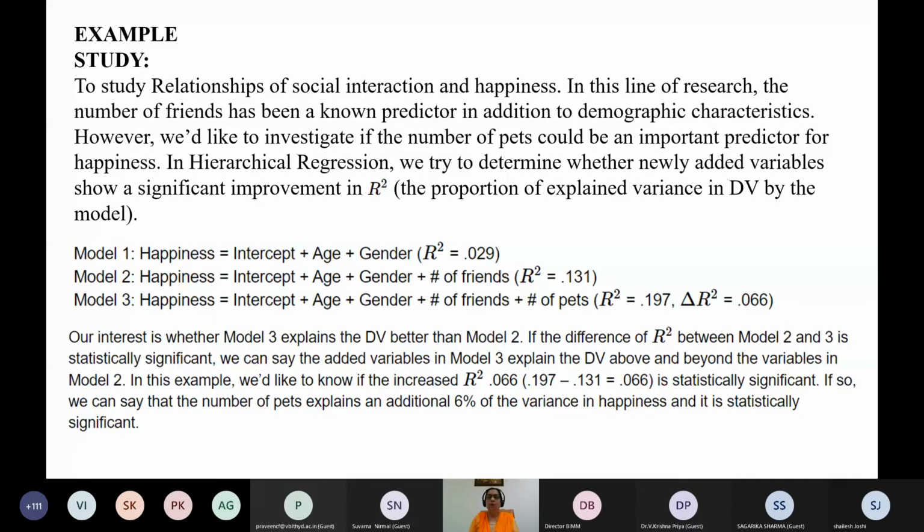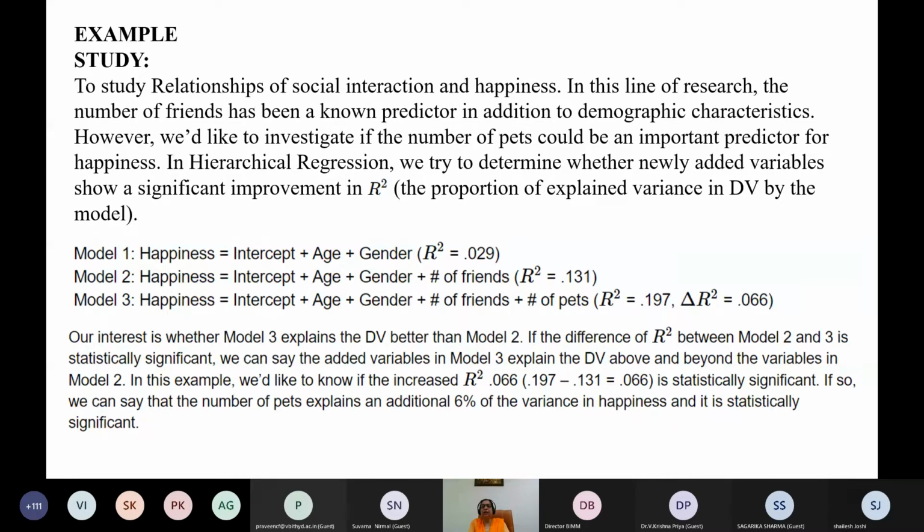Then if you add one more parameter, that is the number of friends. If you have read about Maslow's need hierarchy, beyond the physiological needs of shelter, food and water, the next comes the social circle, because human beings are social beings.